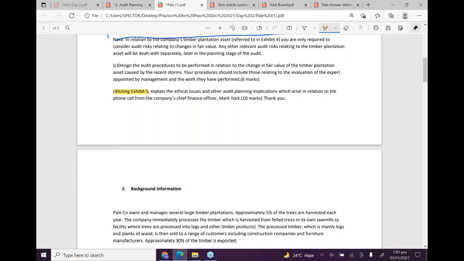If you don't read the requirement carefully, you're going to waste time looking for information in exhibits 1, 2, 3, and 4. A lot of you will mess this up in the actual exam. Please do this very carefully. So she said, using this exhibit, answer this requirement for 10 marks. So take about 5 to 7 minutes and please come up with the answer to this. Let's see what you guys can come up with.